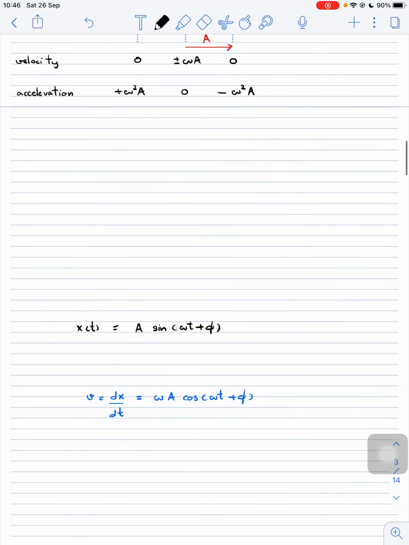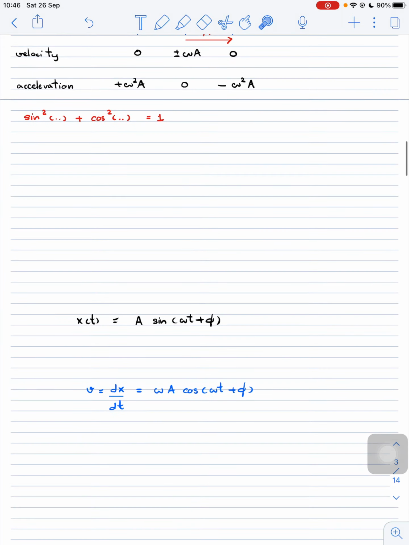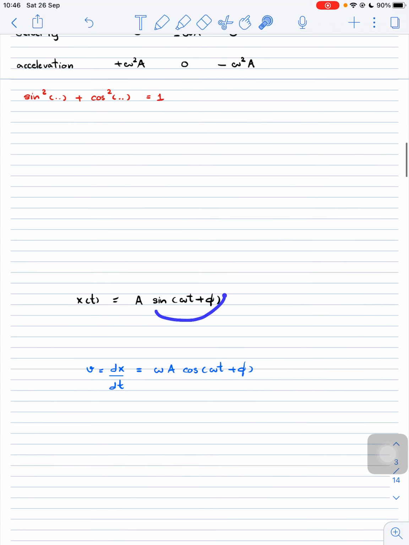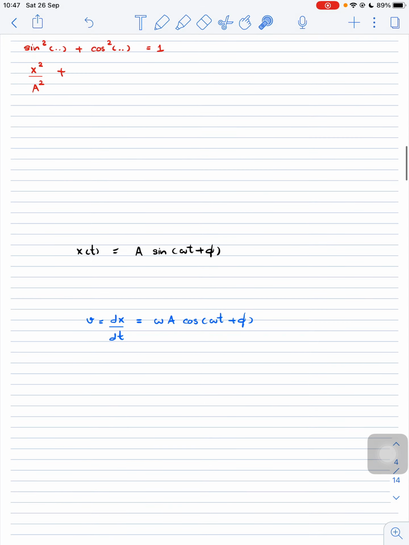We say that sine squared plus cosine squared equals 1. This is the trigonometric identity you have seen already. Now we can write the sine in terms of x over A, so we have x squared over A squared, plus the cosine squared.